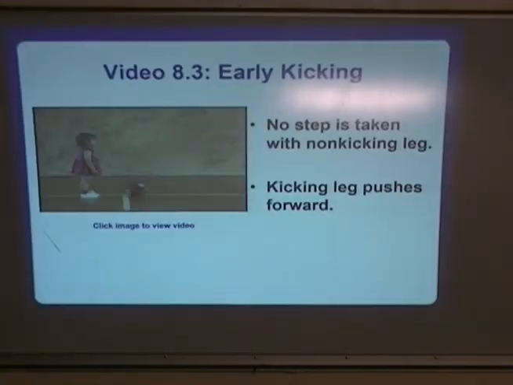Right, so no step, toe the ball. I mean, she takes a step, but on the MSU chart, stage 1 has no step. Toe the ball, no backswing with the leg.